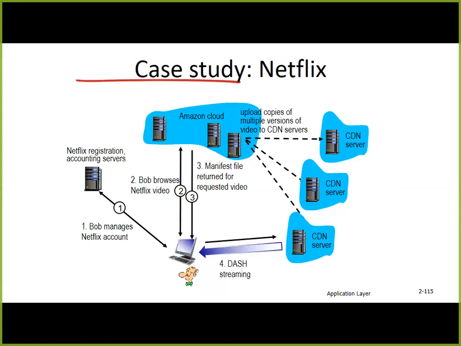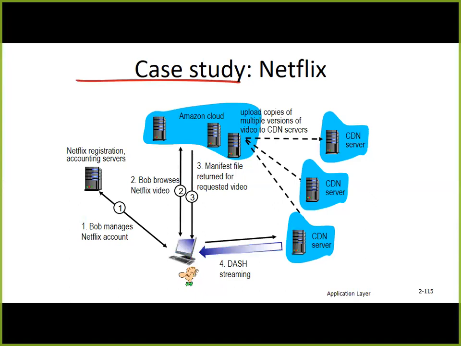But that brings to an end this slide. Netflix is, like I said, very fascinating because it uses a lot of the concepts that we've spoken about. Okay, CDNs. They basically make use of Amazon's cloud computing.